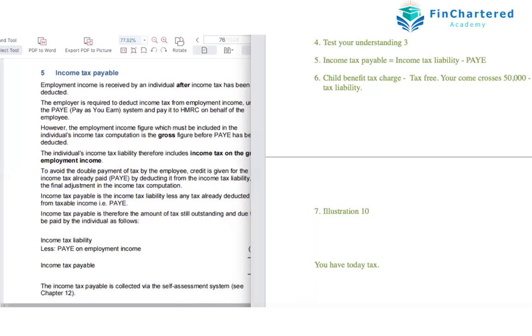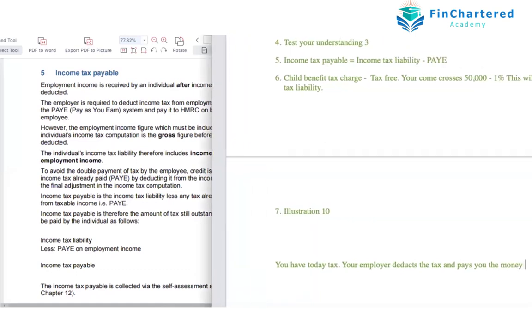But your employer deducts the tax and pays you the money after tax. Anyway, pays you the money.